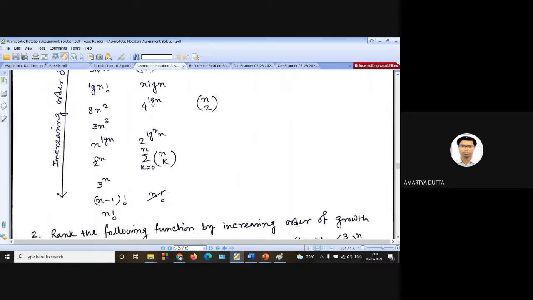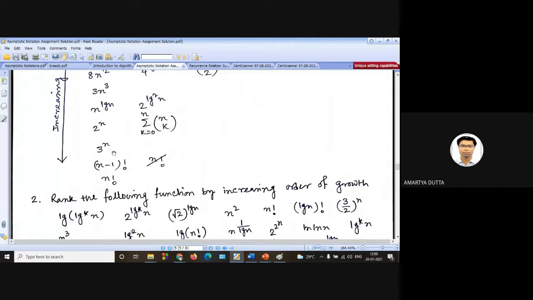This is the simple formula. 2 to the power n is slower than 3 to the power n. That's why 3 to the power n is an upper bound of 2 to the power n. Now 3 to the power n is less than n factorial. n factorial is the highest growing term, then n minus 1 factorial, then 3 to the power n. Why 3 to the power n?